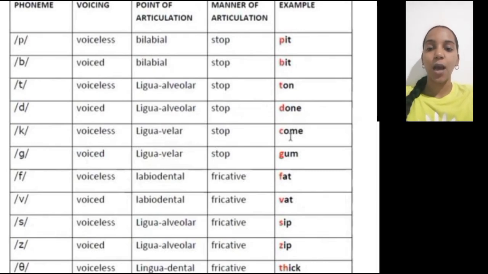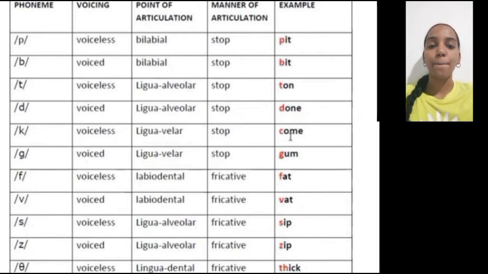The first one is p, which is voiceless because the vocal cords don't vibrate. The point of articulation is bilabial because both lips come together and are in contact. The manner of articulation is stop because the airflow is stopped and then suddenly released.